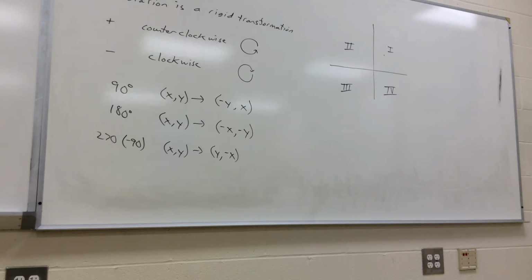So with a positive 90, they swap, but this number gets opposited. So it's -4, -2. And -7, -4. So we're switching and oppositing that number.